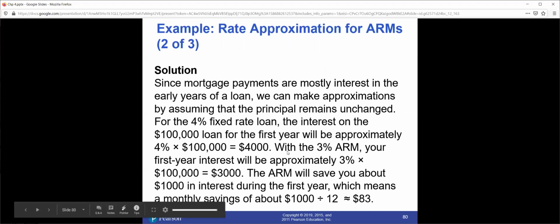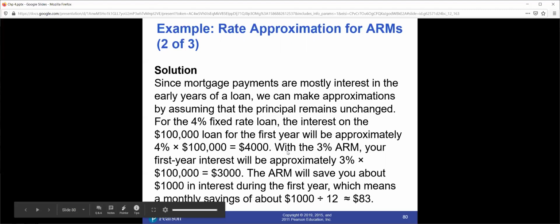Since mortgage payments are mostly interest in the early years of a loan, we can make approximations by assuming that the principal remains essentially unchanged, because you're not changing it a whole lot in those first periods anyways. So for the 4% fixed rate loan, the interest on a $100,000 loan for the first year will be, well, 4% of 100,000, right?